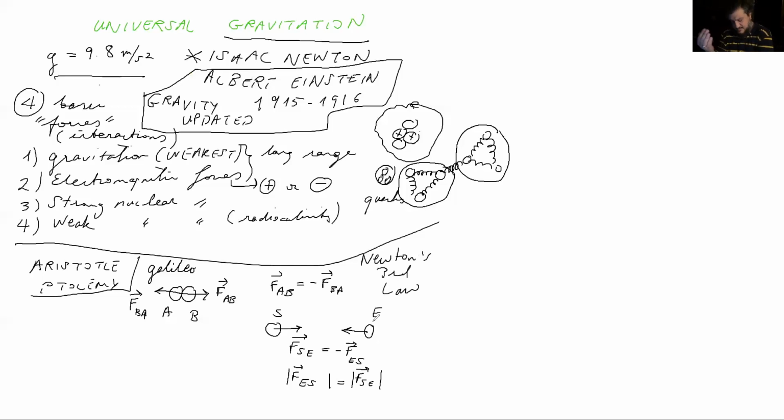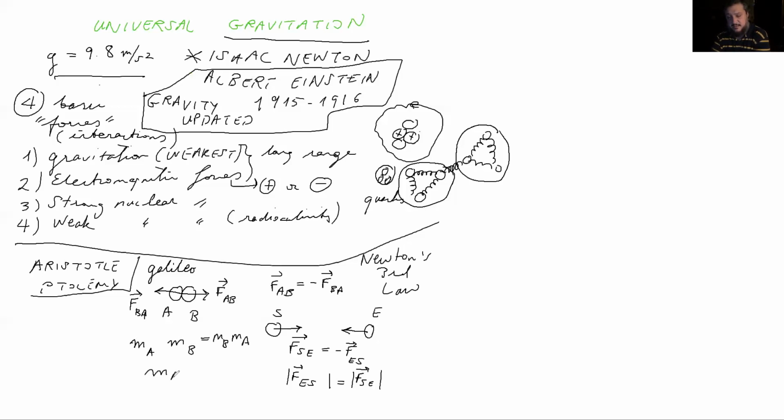I mean, algebraically, if you have two numbers, in this case masses, let's call them MA and MB. If you multiply them, you can change the order: this will be equal to MB times MA.